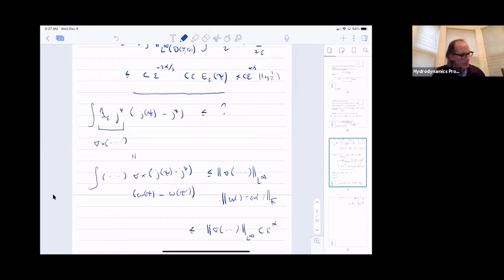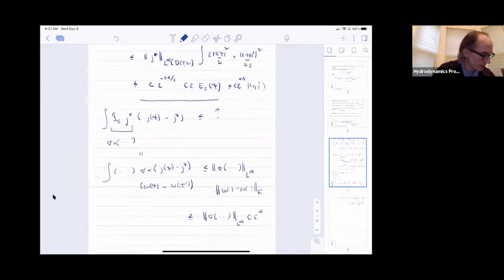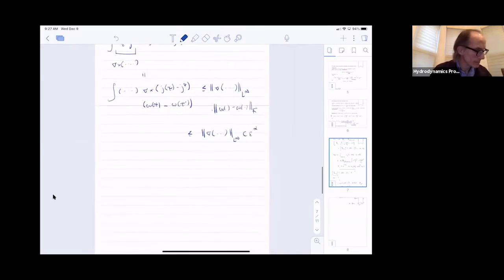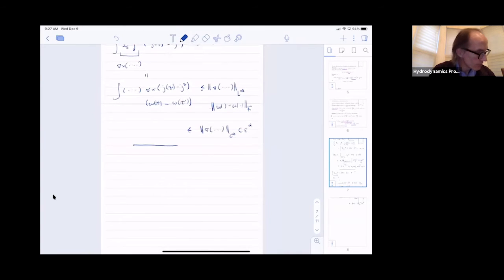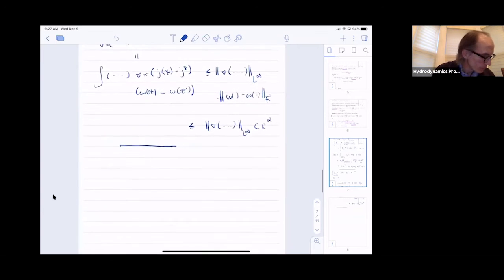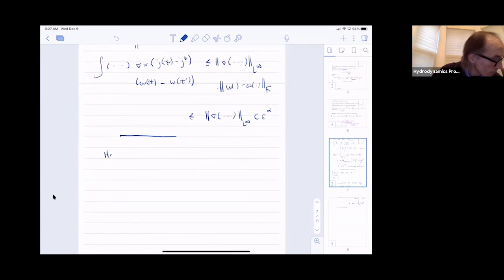Okay, and so how do I do this then? Well, I need to figure out how to write this J star as the curl of something.